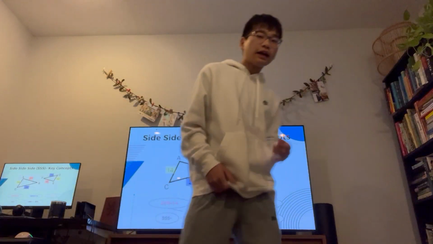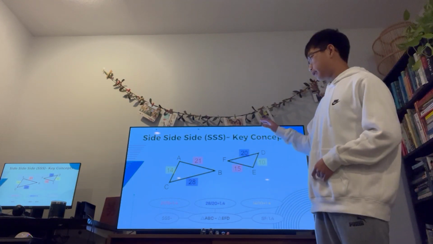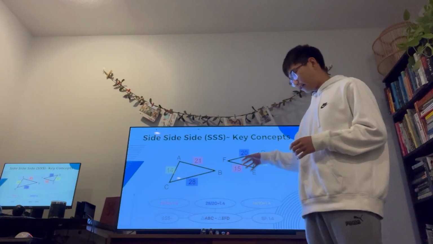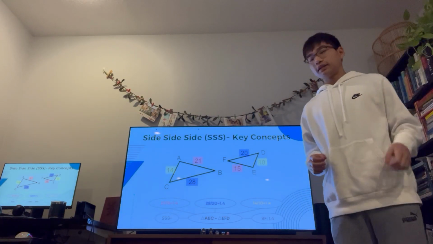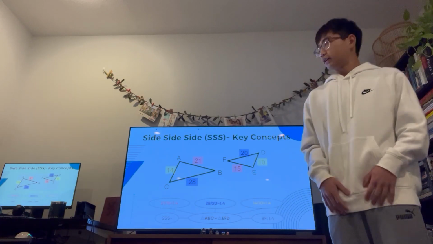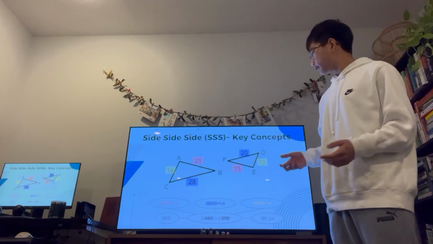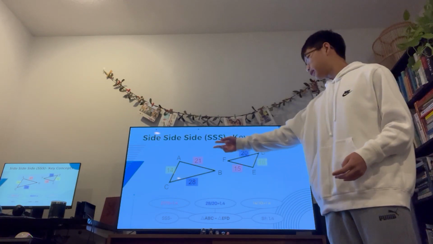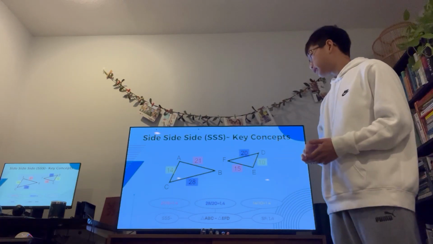Alright, so last for our similarity statements is SSS, which is side, side, side. And we need to find three proportional sides, like the last one, but without the extra angle in the middle. So we can match up the sides again, like the shortest sides, the longest sides, and then the sides in the middle.